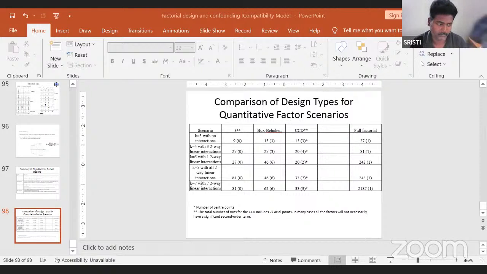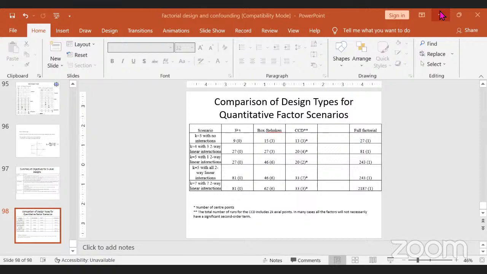Sometimes a Taguchi design might not have so many. Suppose I have 20 variables and I want to do approximately this many experiments at 2 levels. I might not have an optimum set of experiments. I may find it in, say, Plackett-Burman. For example, Plackett-Burman screening designs are very good if your number of variables is like 7, 11, because they are based on multiples of 4: 8 experiments for 7 variables, 12 experiments for 11 variables.